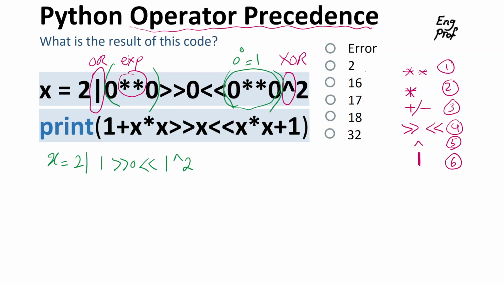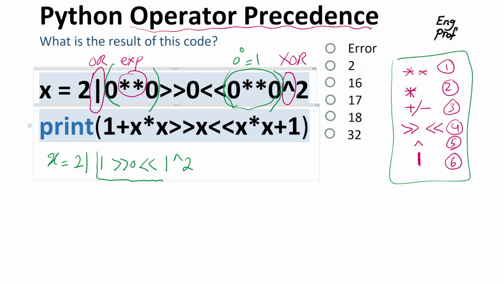In this operation, according to operator precedence, we first deal with the bitwise shift, and the precedence is from left to right. First, we shift 1 by 0 bits, which doesn't change anything, so the outcome is 1.